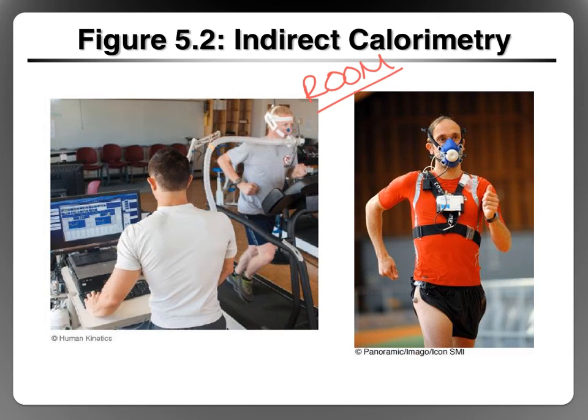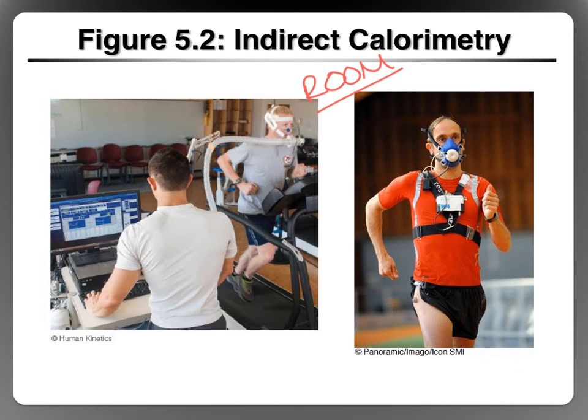You can't see it in this picture, but you might want to look in the lab. There's a little sampling catheter that at regular intervals takes little samples of your air and puts it into gas analyzers, and then the analyzers will tell you what is in your exhaled air. So what percentage of your exhaled air is oxygen and CO2.